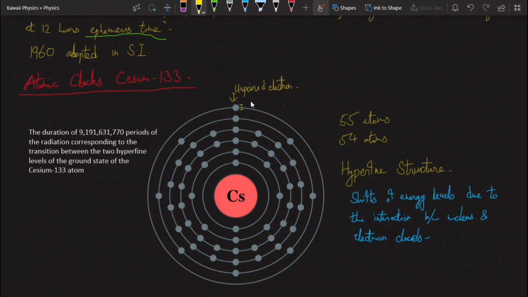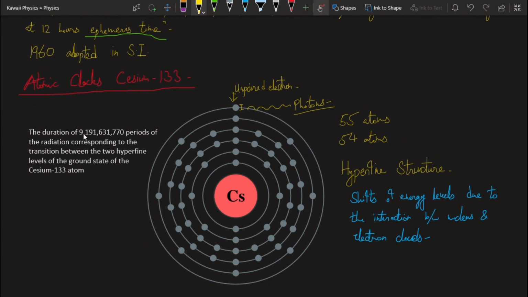So when we bombard the photons, it oscillates between the two hyperfine levels, the small energy levels, at its ground state, and as a result we get a radiation.